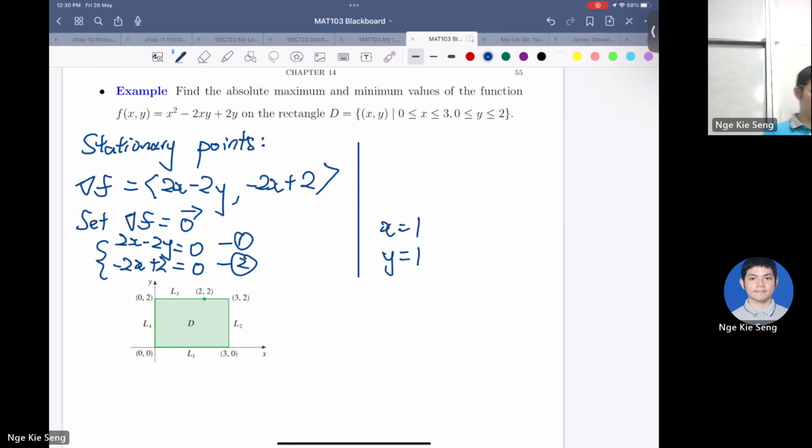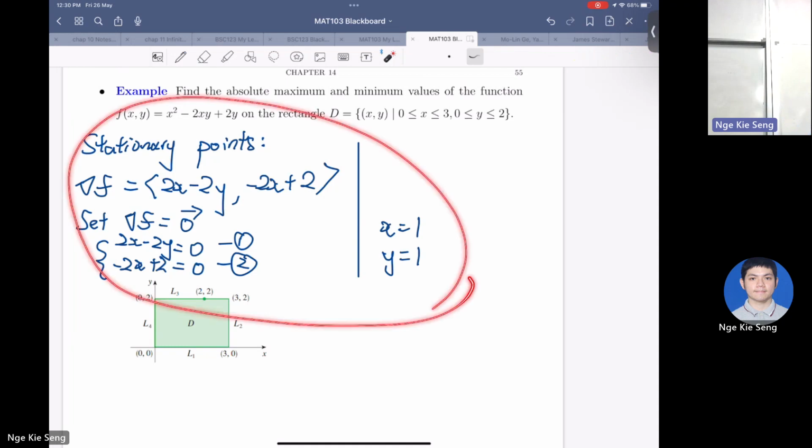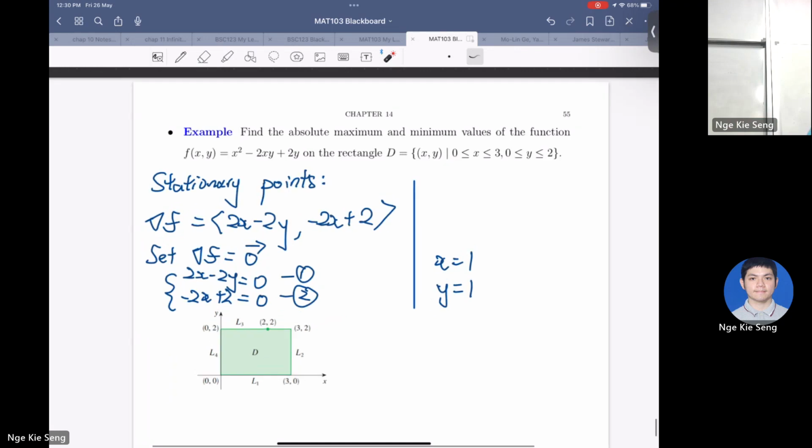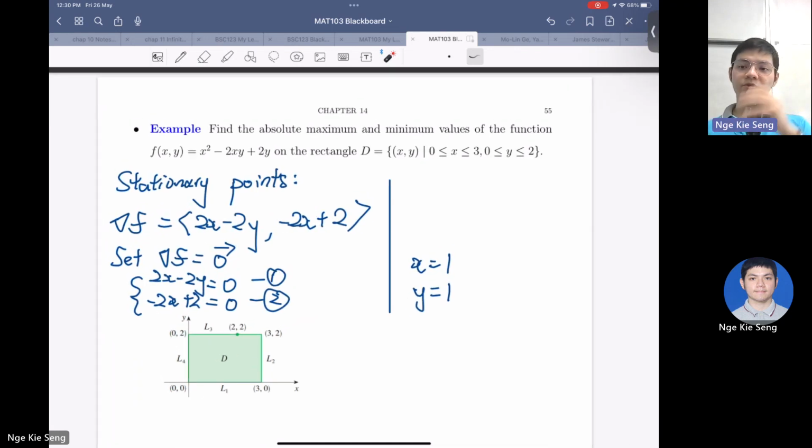Before we use this strategy, what theorem are we using? We're using the extreme value theorem. So does the extreme value theorem apply in this case? Is our f continuous on this set or not?